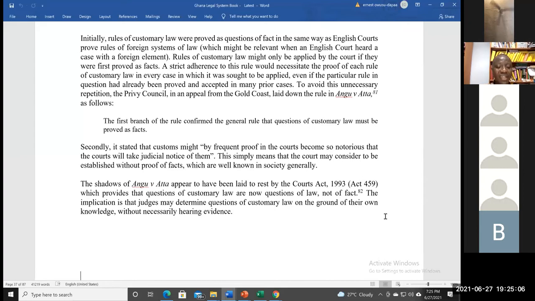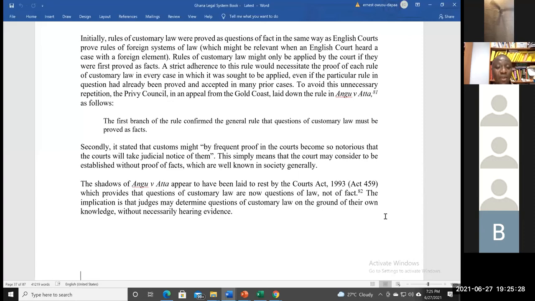They made the point that the only exception is where a particular rule of customary law has come up in a number of cases before the court and has been proven over and over again, so common and so notorious that the court does not need evidence for it to be proved again, and the court will take judicial notice of it.